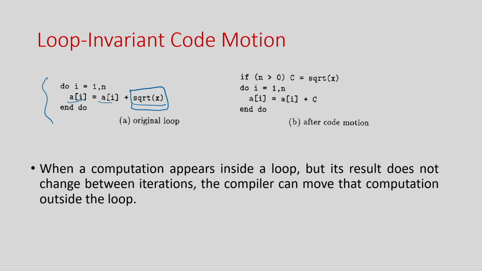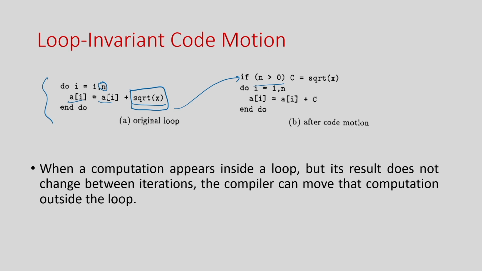For i equal to 1, I am going to calculate square root of x, because x does not change within this loop body, and hence this square root of x is also invariant to the loop body, right. For i equal to 1 the value will be the same, for i equal to 2 the value will be the same, and so on, right. So, what I can do is calculate this square root before the loop, right, and I need it only if my loop bound is greater than 0, otherwise I do not even need that, right.